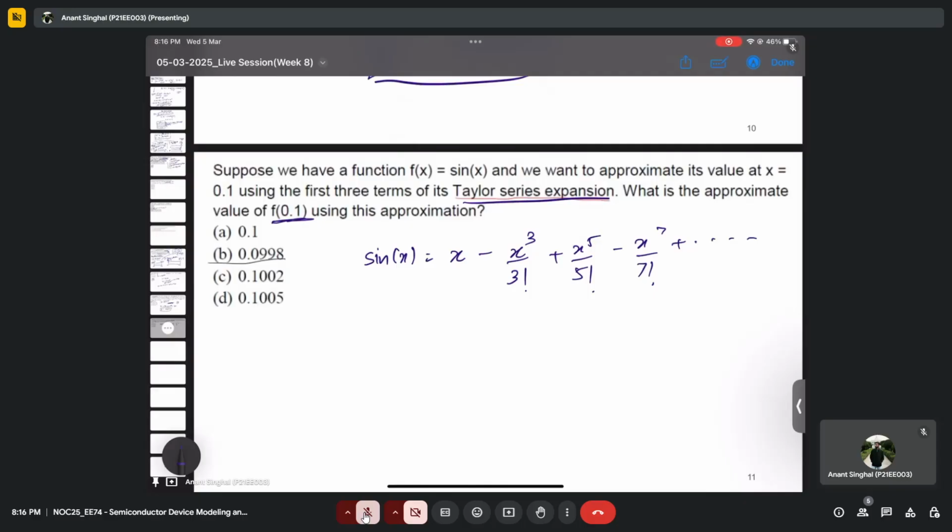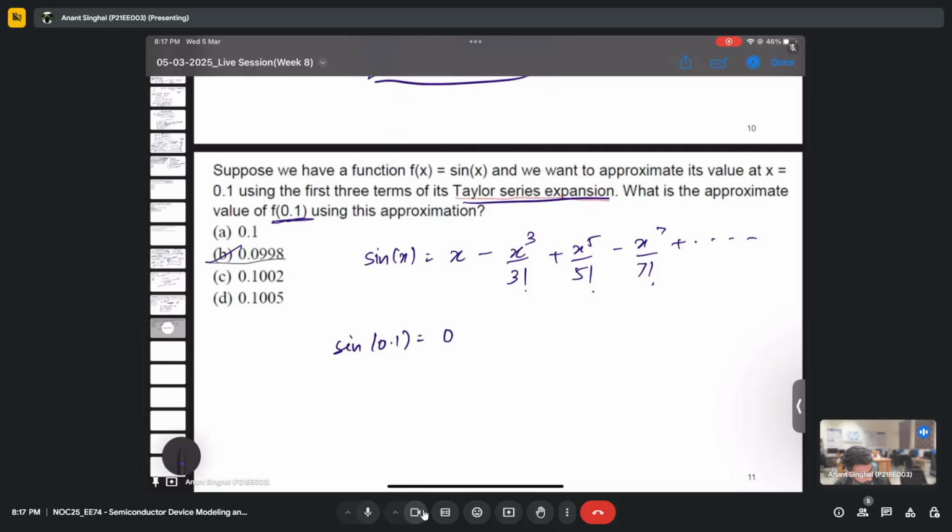0.099833, option B. We just need to do 0.1.